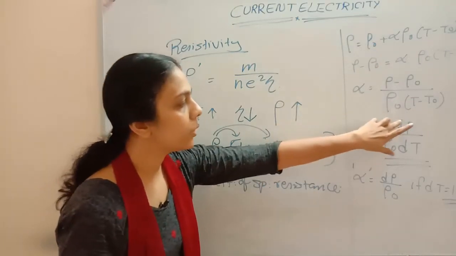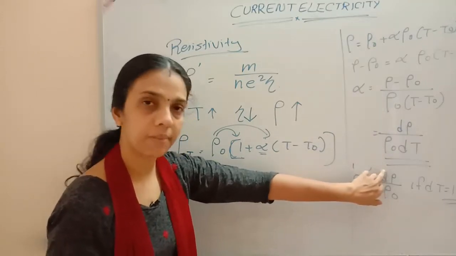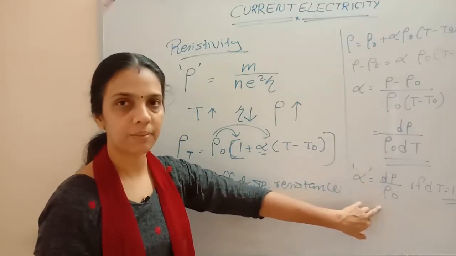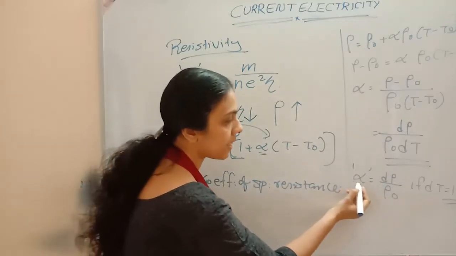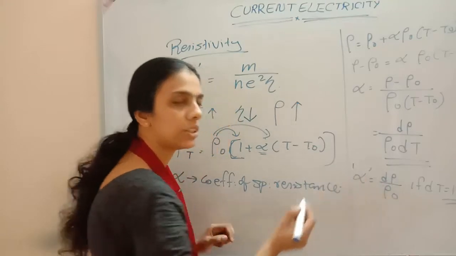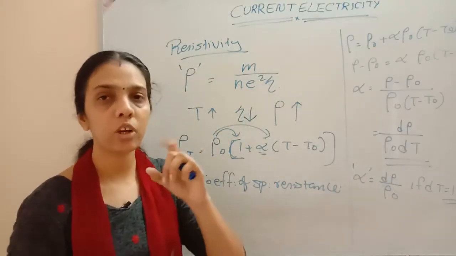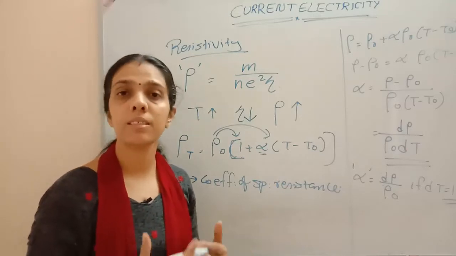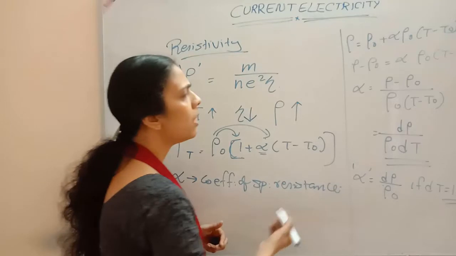So d rho is the change in resistivity divided by the original resistivity. The coefficient of specific resistance equals the fractional change in resistivity for a temperature increase of 1 Kelvin. Clear?